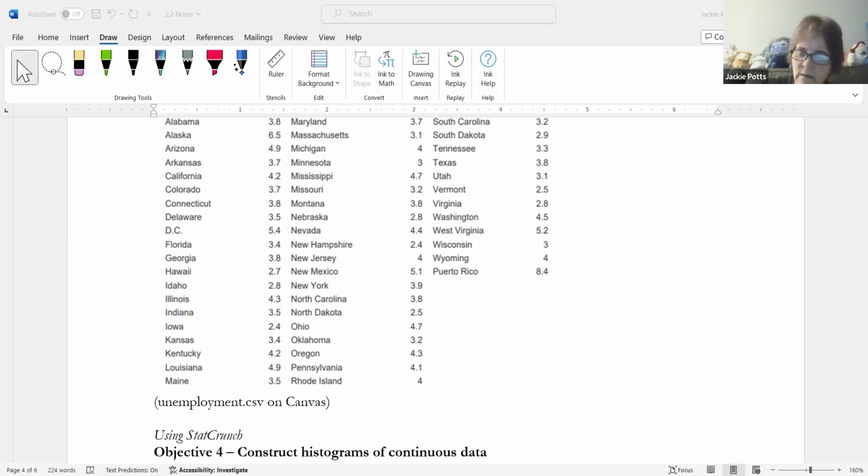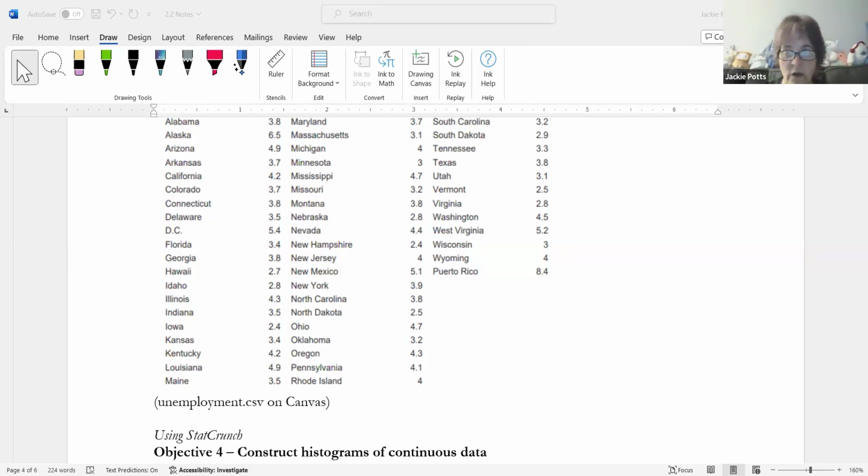We take the biggest and subtract off the smallest, and then we divide by the number of classes we want. So how many classes do we want? Well, personally, I'd cheat. Seeing that 6 is a nice old number, I do 6. So my class width would be 1. Now we do have to calculate this before we go into StatCrunch.